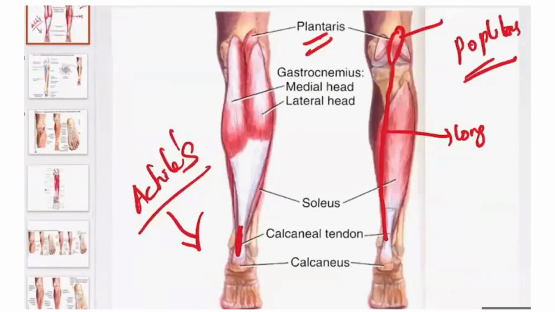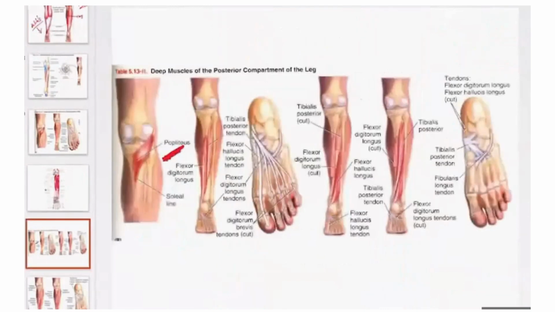Remember this word: unlocking muscle. Unlocking muscle is popliteus. Next are the flexor hallucis longus and flexor digitorum longus, corresponding to the extensor hallucis longus and extensor digitorum longus in the anterior compartment.